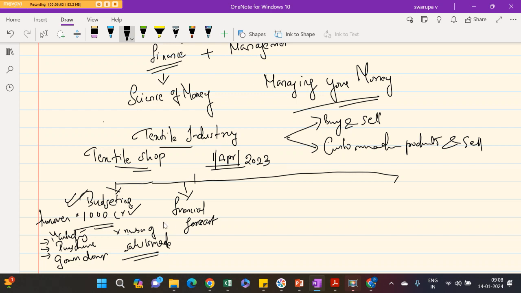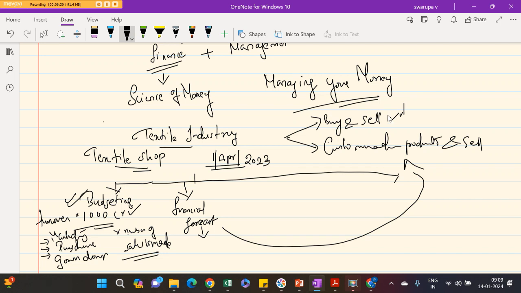So the next one is a financial forecast, where to sell so many units of clothes, what will be the finance that I will need. Again, this will go back to your basic decision. If it is buy and sell, it will be a different method altogether.